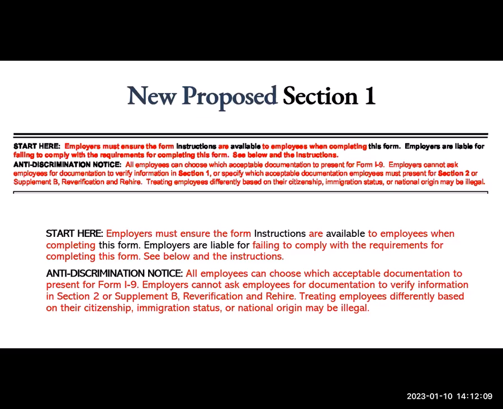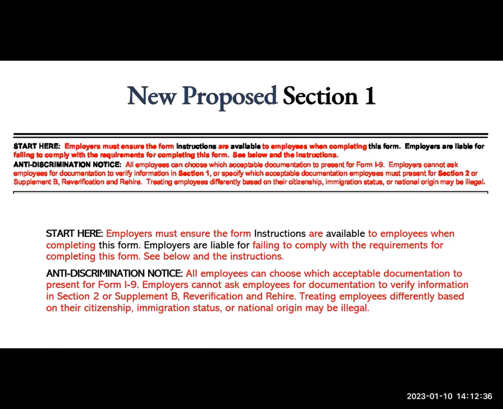And we're going to show you various slides like this. You're going to see the red, and those are the changes to the current form. The reason I want you to pay attention to this red is that you can start seeing where they're thinking. What is the government paying attention to?